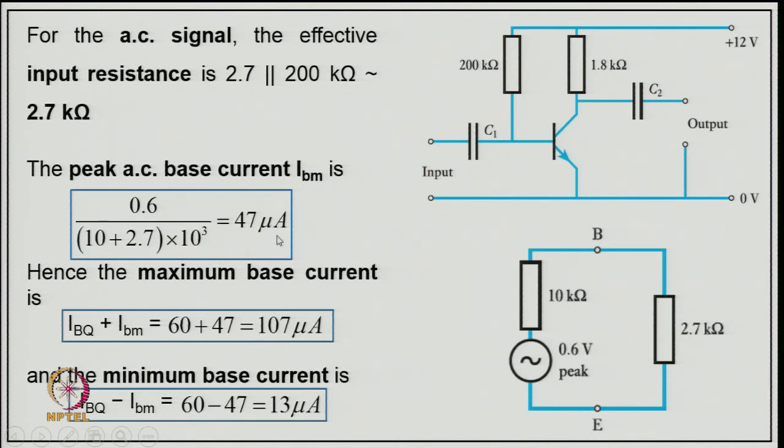So it becomes 47 microampere, and hence the maximum base current will be IBQ plus IBM. That is 60, the bias, plus this AC 47, that is 107 microampere, and the minimum base current will be IBQ minus IBM, that is 60 minus 47, that is 13 microampere. So the base current will be going from 13 microampere to 107 microampere in this circuit.